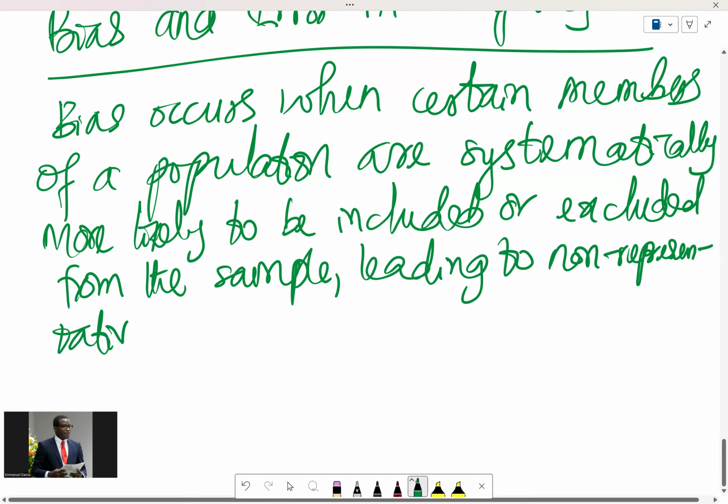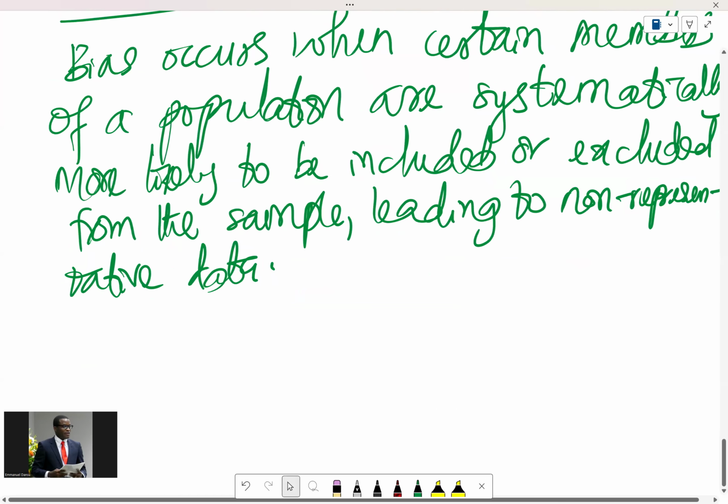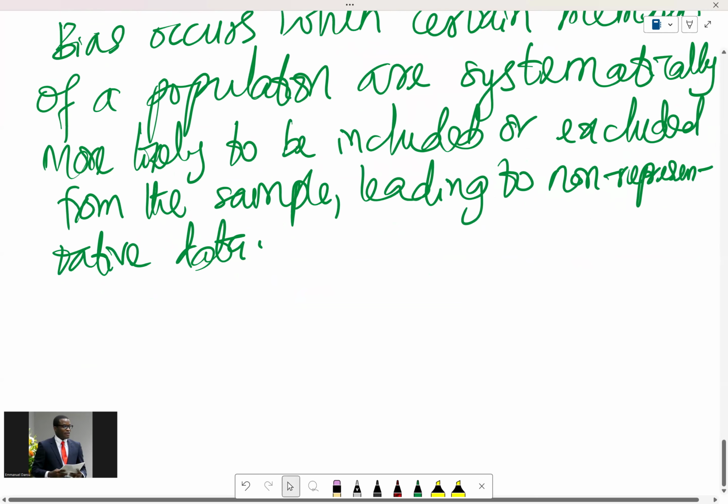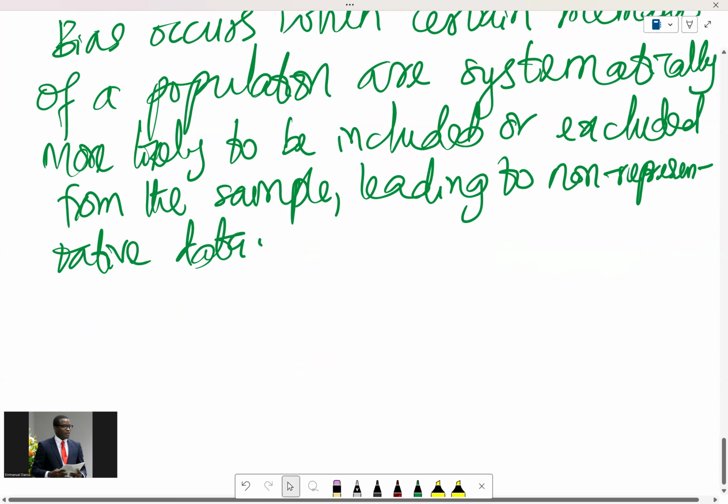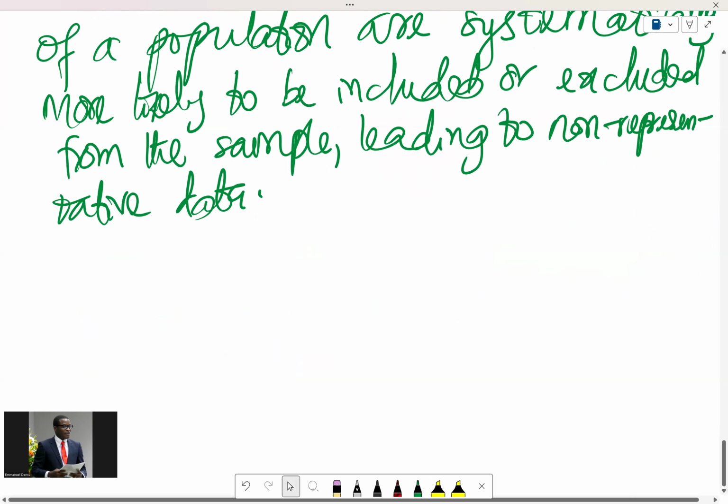So that is bias for you. A tendency to exclude or include certain kinds of people, certain members of the population.